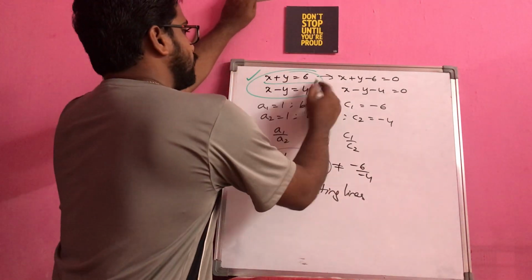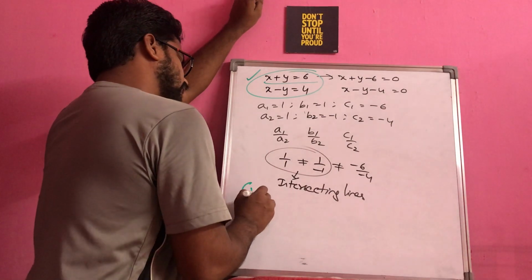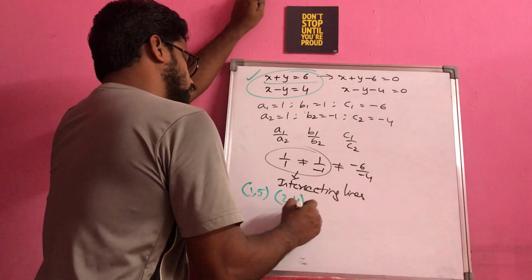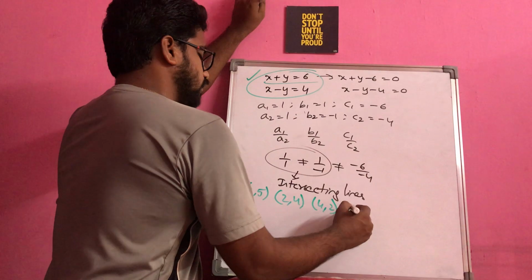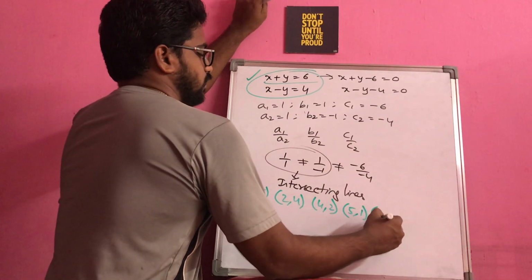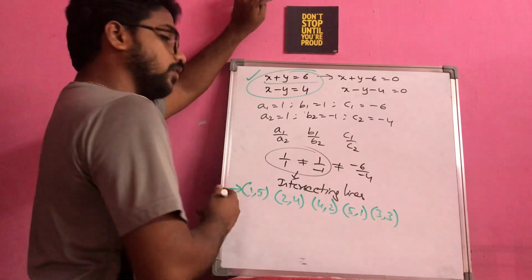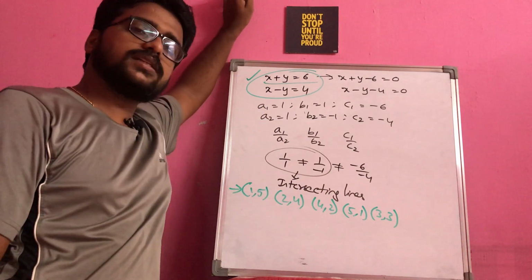If I say x plus y is equal to 6, I can take 1, 5, 2, 4, 4, 2, similarly 5, 1, and 3, 3. Like this I can take many values, not only positive, you can take x and y as negative also.